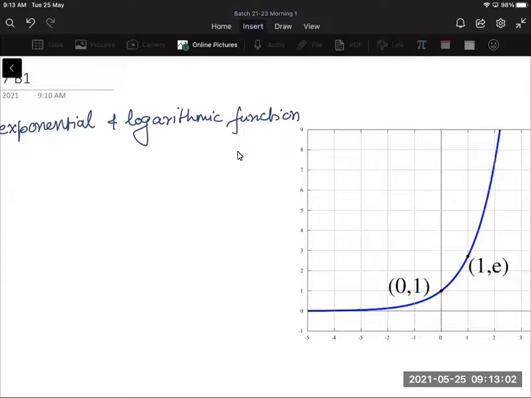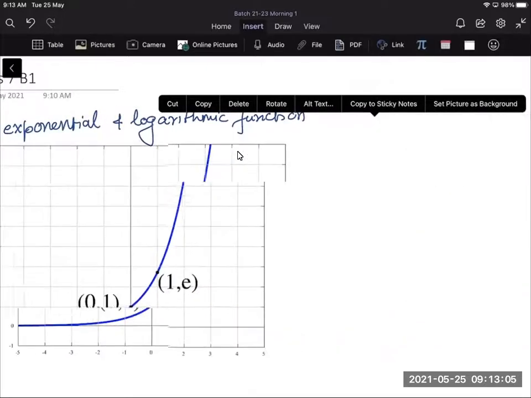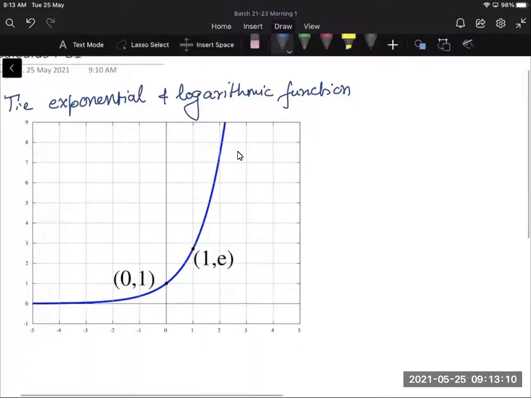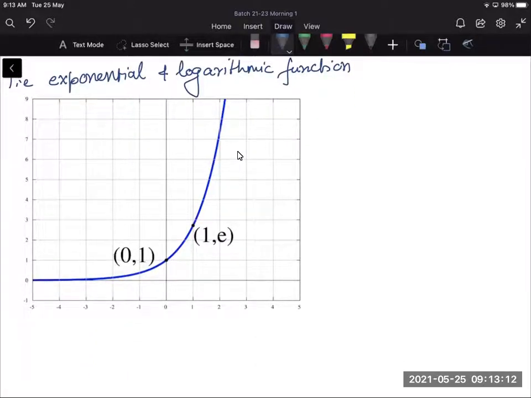So what is so special about this graph is that the slope of the graph is a function itself. Since dy by dx is equal to y, this implies that the slope is equal to the y coordinate.